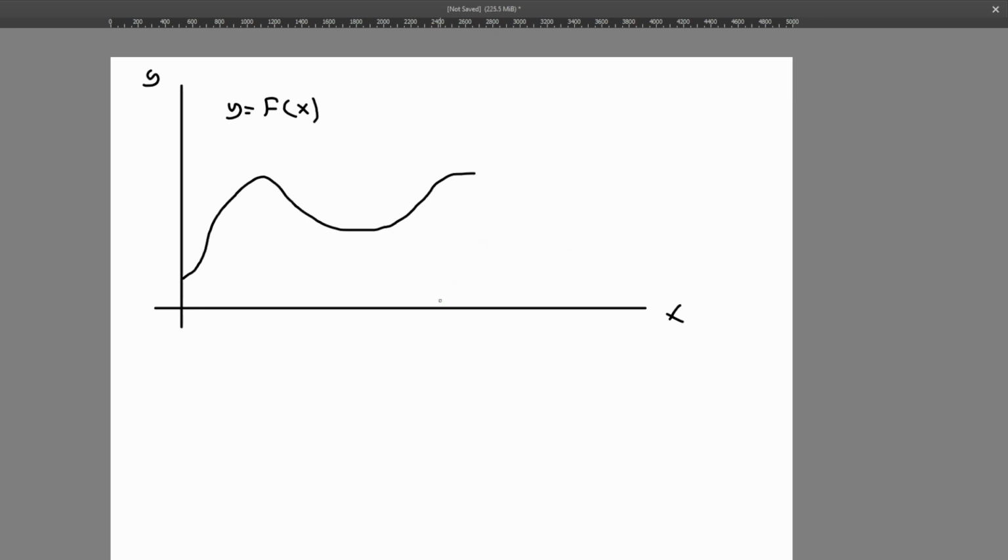Now you can see that at these points the graph is increasing a lot, and at these points it's increasing less. It's increasing, but slowly, and at these points it's decreasing. So we call this concept of the speed of a function, the quote-unquote speed of a function, the rate of change of the function.